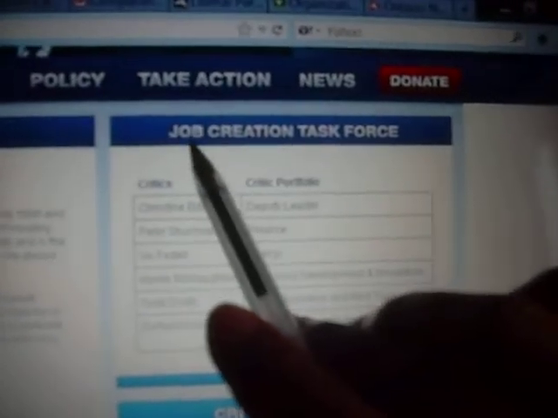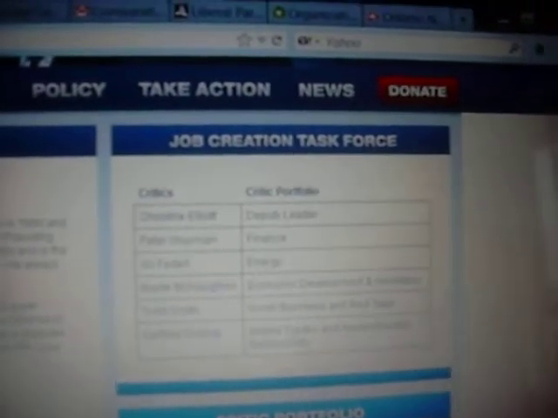Now look how they lay out stuff on their website. Look at the priorities. Job creation is priority number 1. Then they have these different sections.